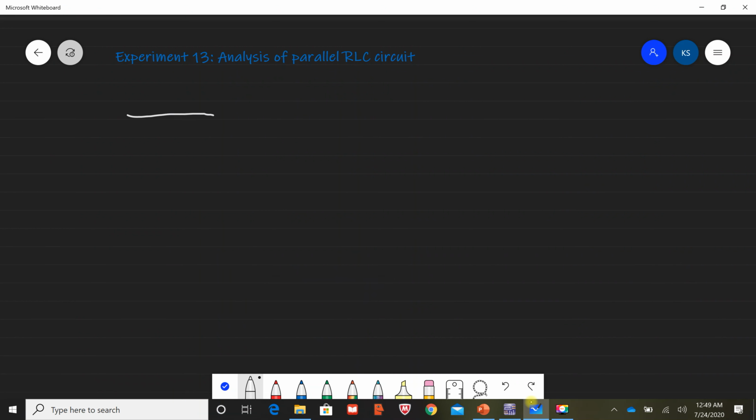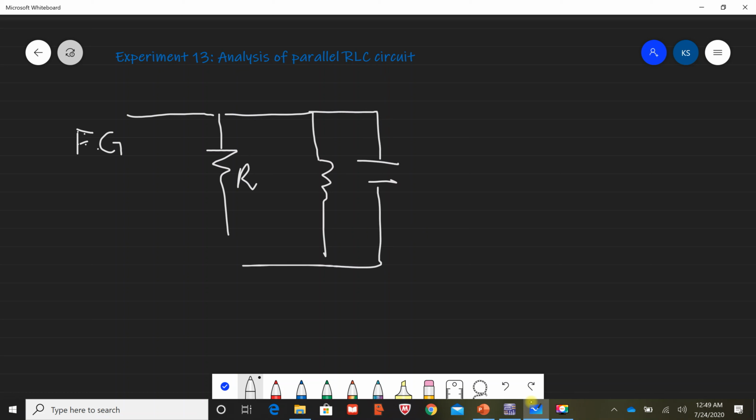You have a function generator here, right, and the function generator is connected to a parallel RLC circuit, like this. The values that you will require are 1 kilo ohm, 1 millihenry and 1 microfarad.